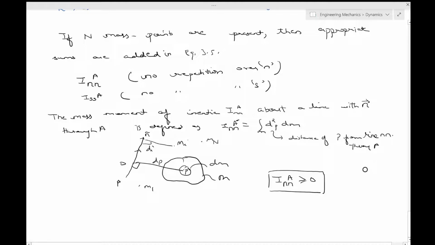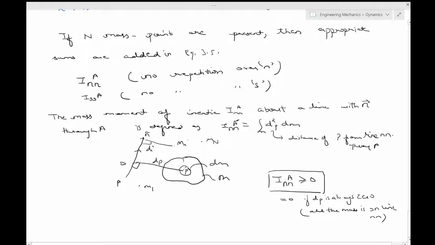Okay, because it's a squared, dp is squared. And when would the equality hold? If dp is always 0, or all the mass is on line NN.